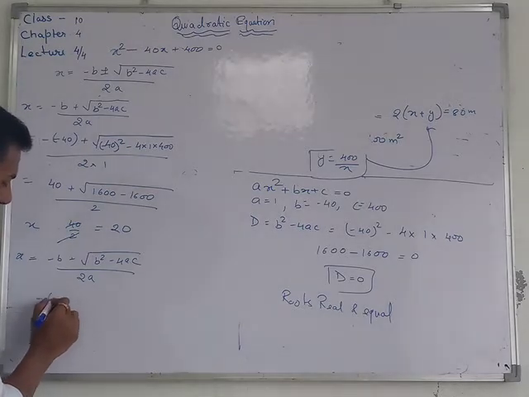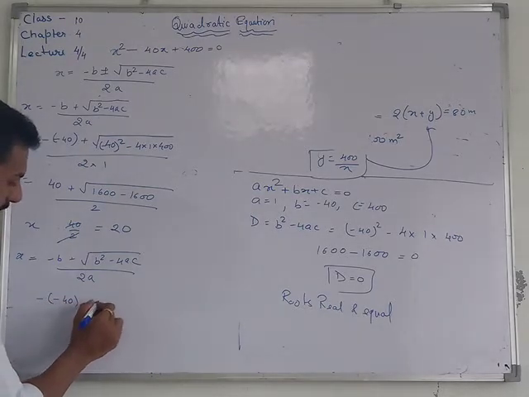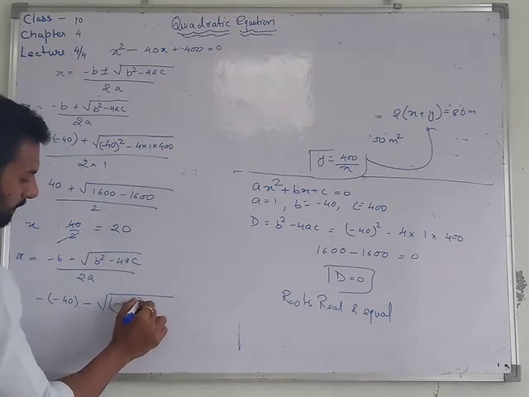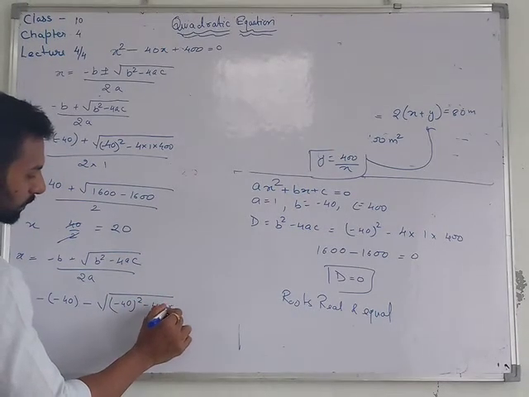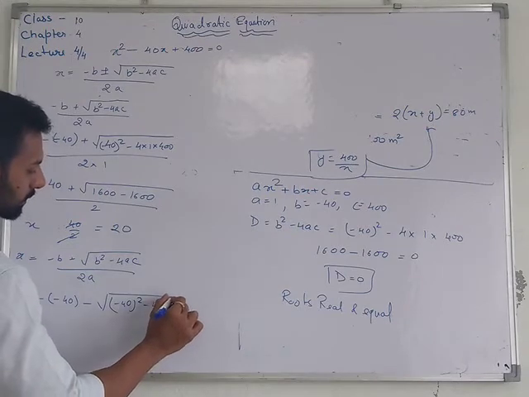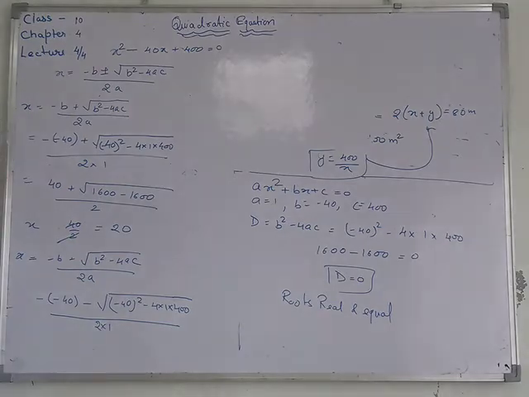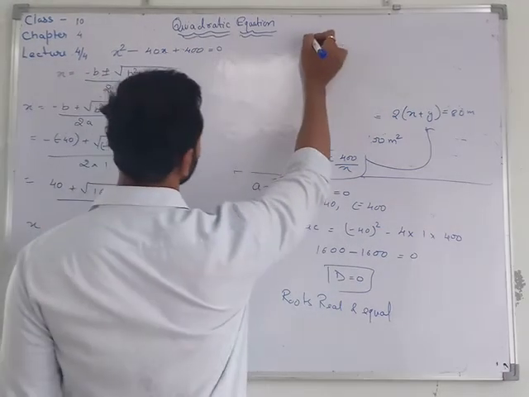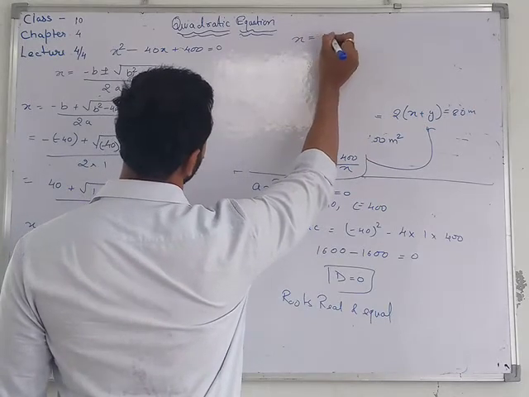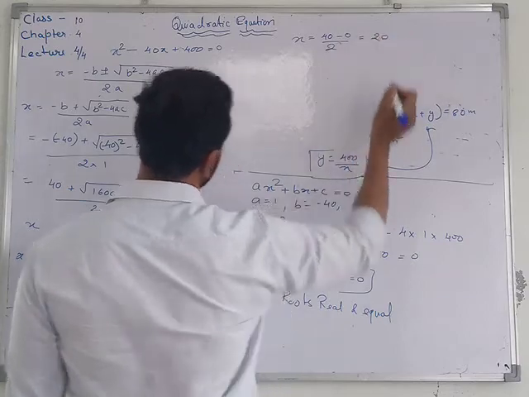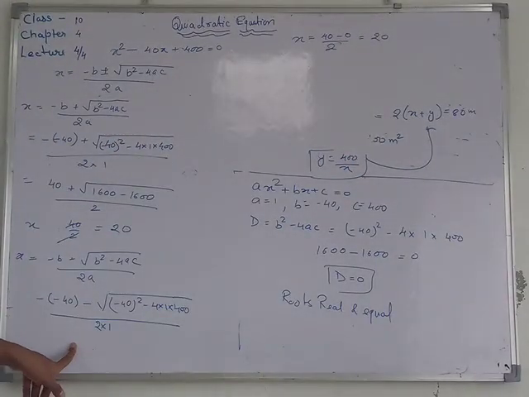Substituting the values, minus of minus 40 minus under root of minus 40 square minus 4 into 1 into 400 upon twice of a. Twice of a will be 2 into 1. Solving this, we will be getting x is equal to 40 minus 0 by 2, which will be 20. So x is equal to 20.